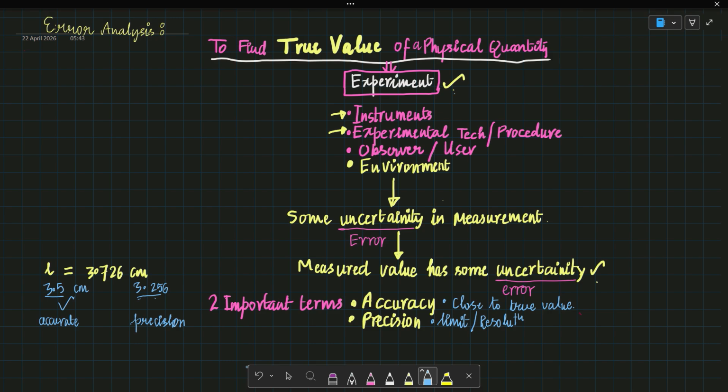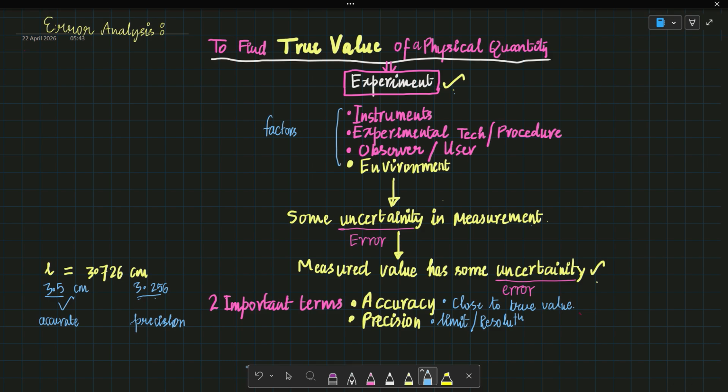An experiment always has these components, or factors affecting an experiment, that is instrument, experimental procedure, observer and environment. And because of these factors, there will always be some uncertainty in the measurement. Uncertainty is also called error in the measurement.